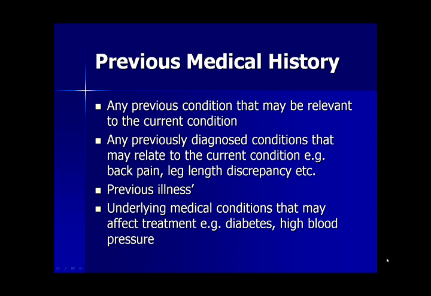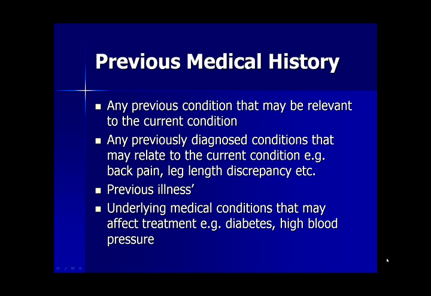The past medical history of a patient is also critical. Do they have any conditions that may be relevant to the current condition? These may be perhaps an arthritic condition which may be affecting the way that they move, or any other inflammatory problems such as psoriasis that could have an effect on the overall management of the patient.